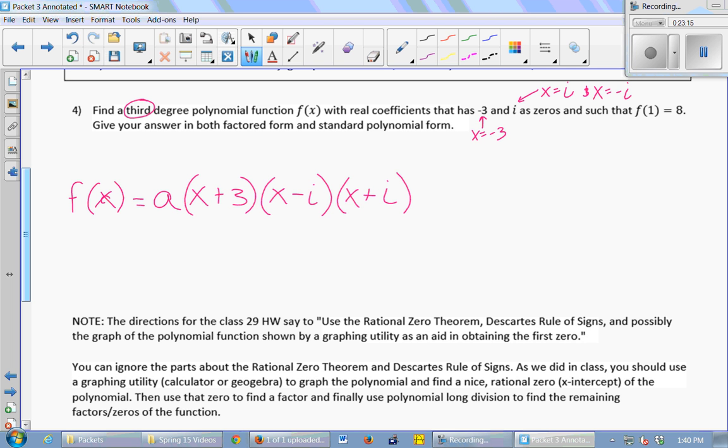And then how do I find out what the a is? This last piece of information I gave you. f of 1 equals 8, so I'm going to put in 1 for x. f of 1 is going to be a times 4 times 1 minus i times 1 plus i, and that's supposed to give me 8.